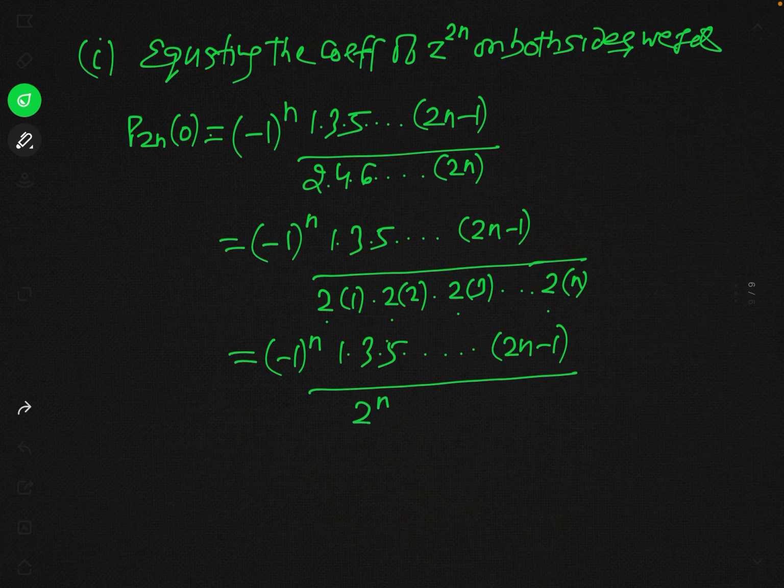So when you multiply this 2 n times, you will get 2 to the power n. And the remaining numbers are 1 into 2 into 3 into so on into n. So that is simply n factorial.